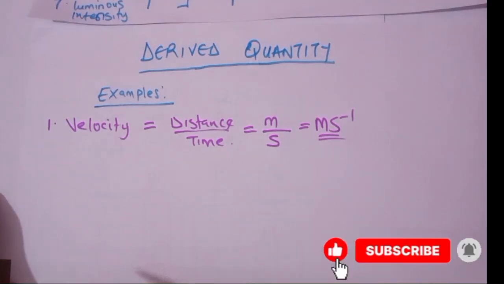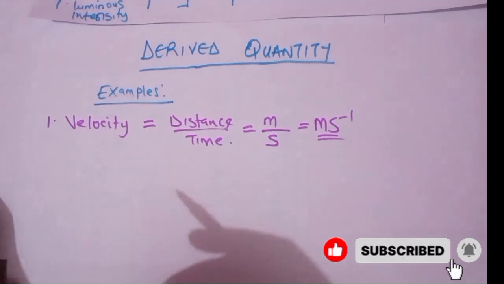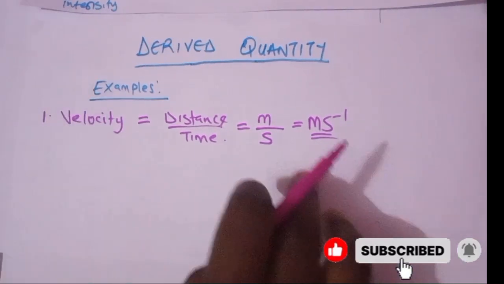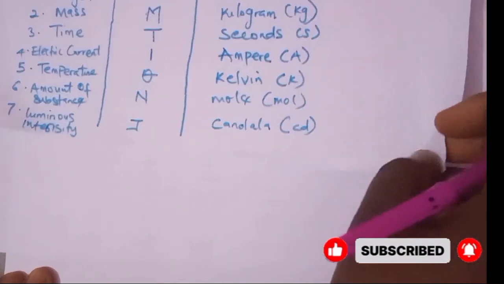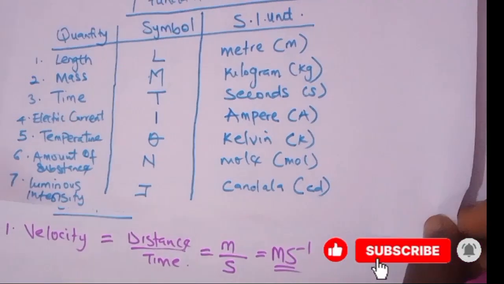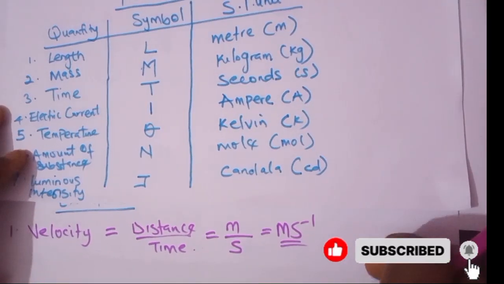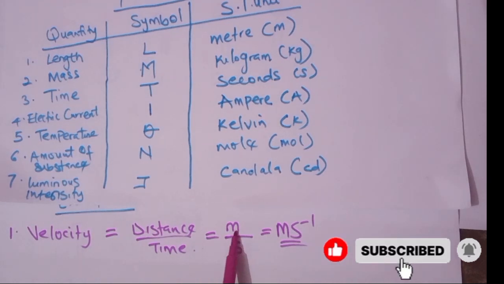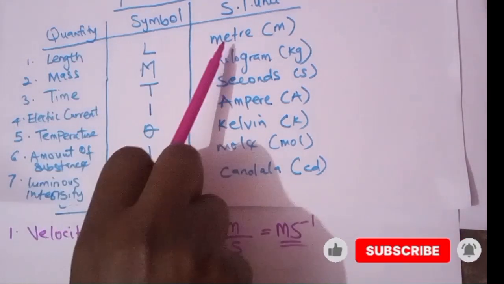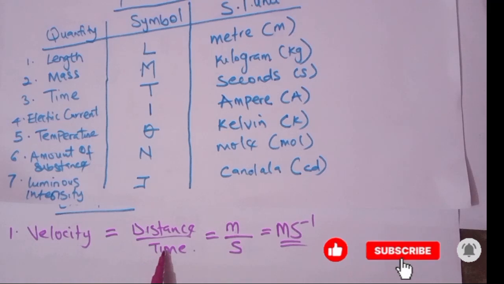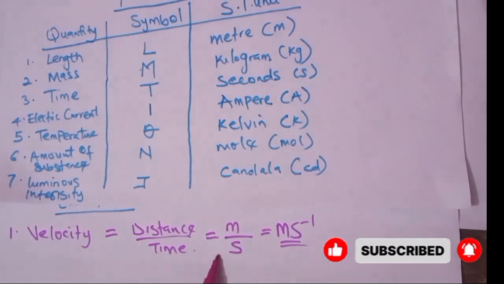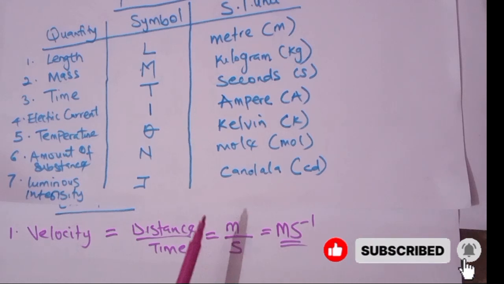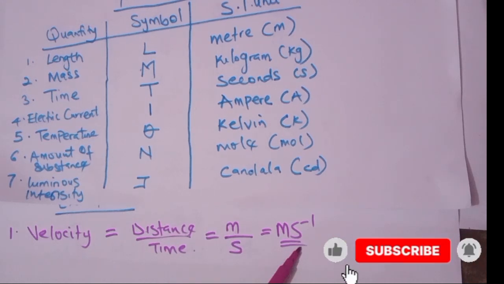So velocity is derived from length and time. So let me show you guys. You can see from here where we derived our quantity. Distance has to do with length, and that is meter. Then time, the SI unit for time is second, and this is how we come about our answer.